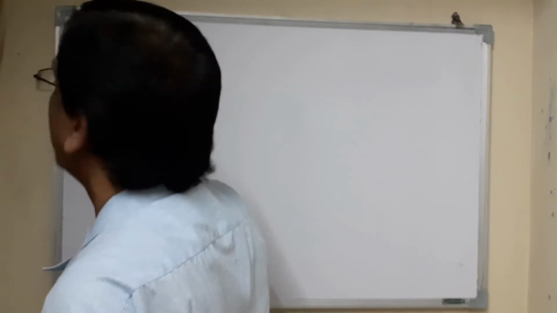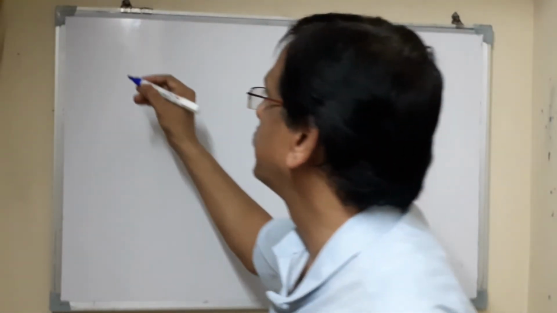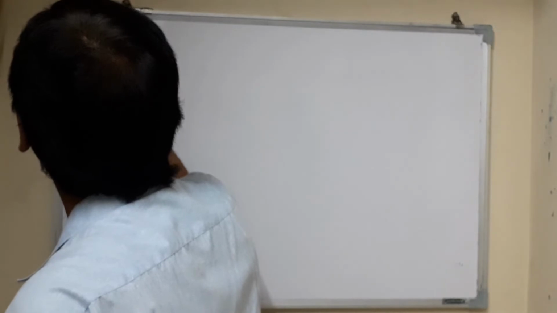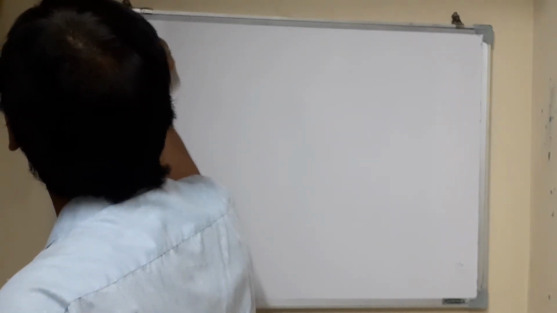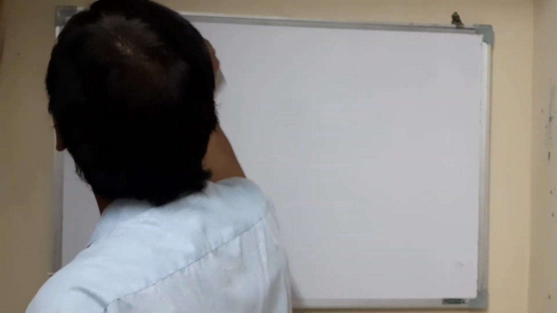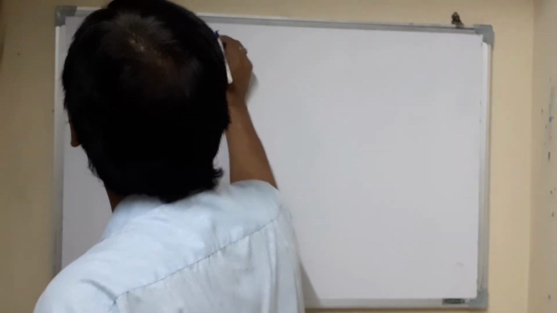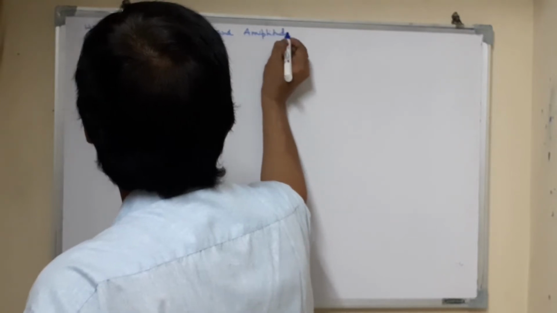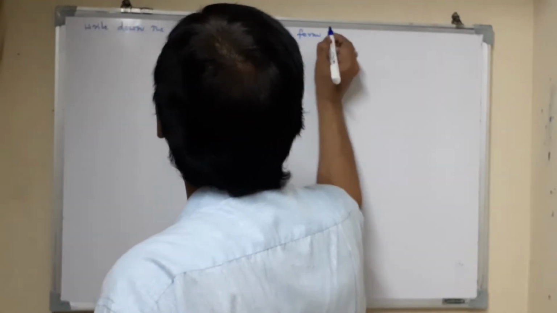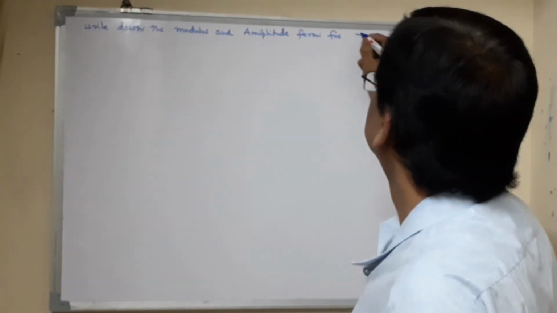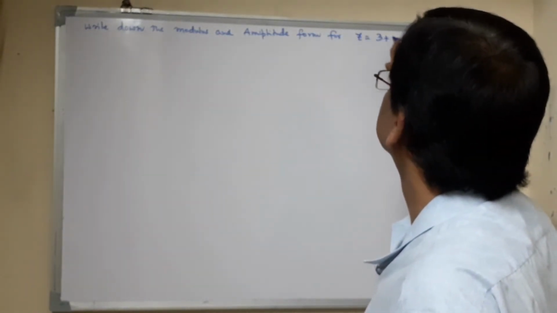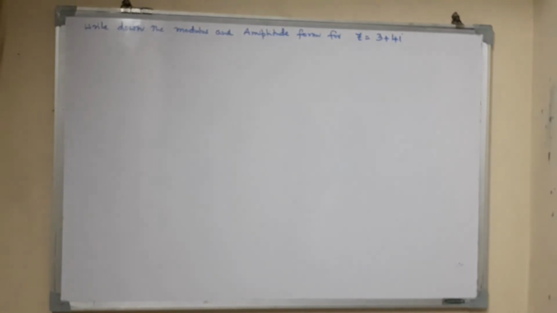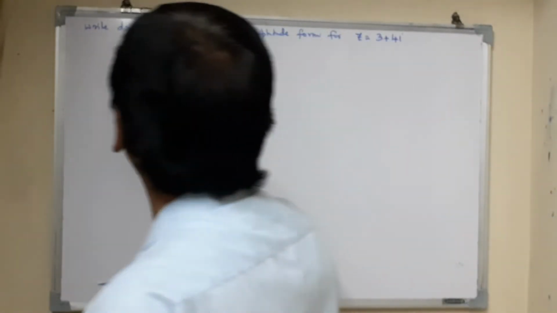Now I am writing the modulus amplitude form. Write down the modulus and amplitude or argument form for z equal to 3 plus 4i. So we have to write down the modulus and amplitude form for the complex number z equal to 3 plus 4i.